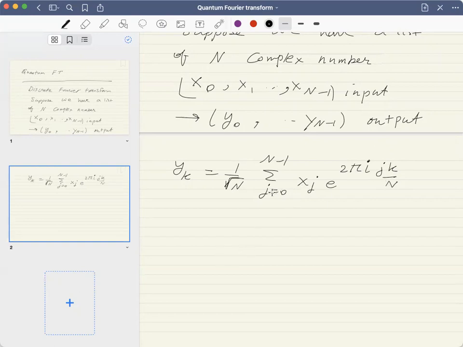So we're summing over j here, and the exponent, if I call 2 pi k over n alpha for different k. For each k, this is essentially doing this.